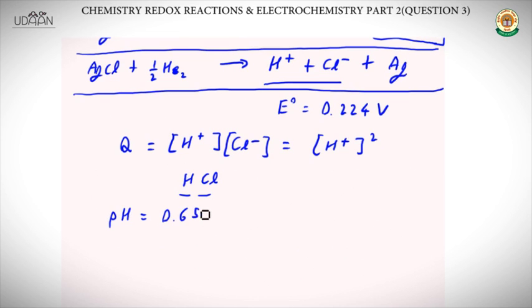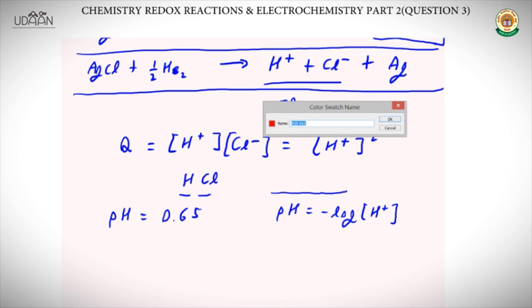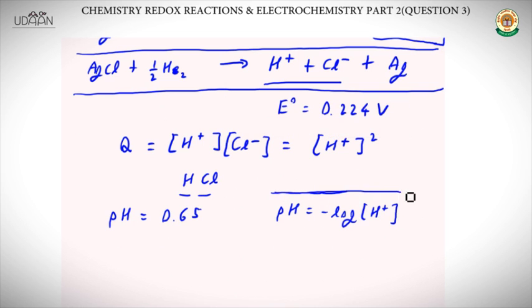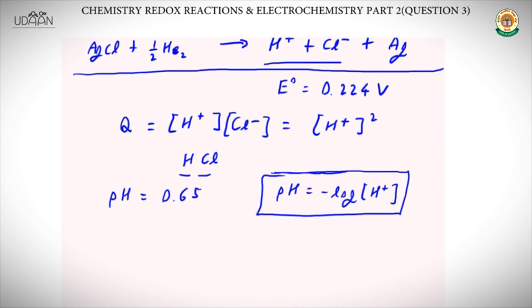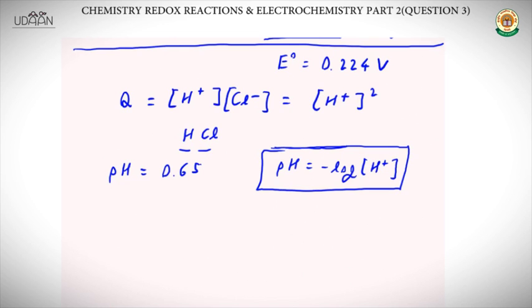From ionic equilibrium we have studied that pH is equal to minus log of the concentration of H ions, and this is a very important formula which would be used for the question.